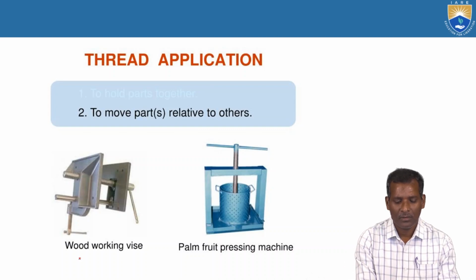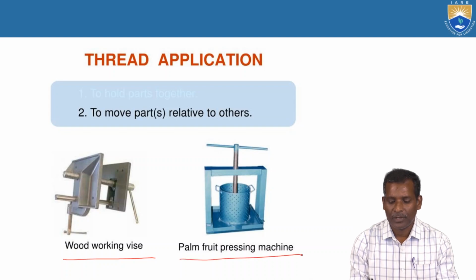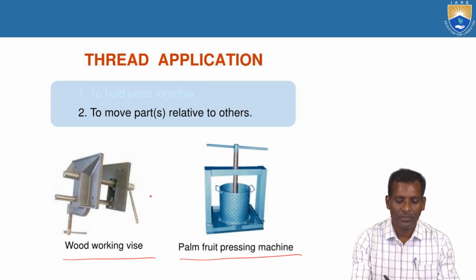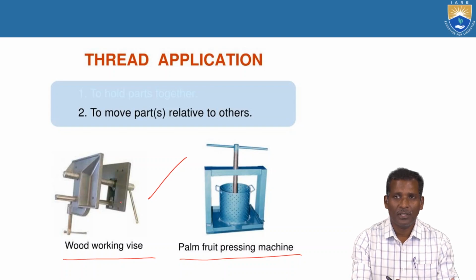See here, a woodworking vice, a fruit pressing machine, the bench vice used in carpentry. This woodworking vice is used to fix the job for different operations, so it moves relative to the others.